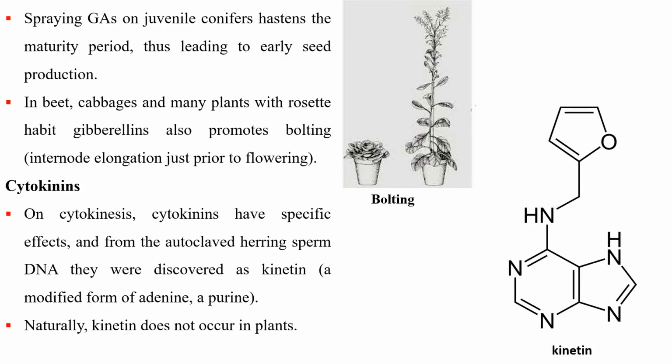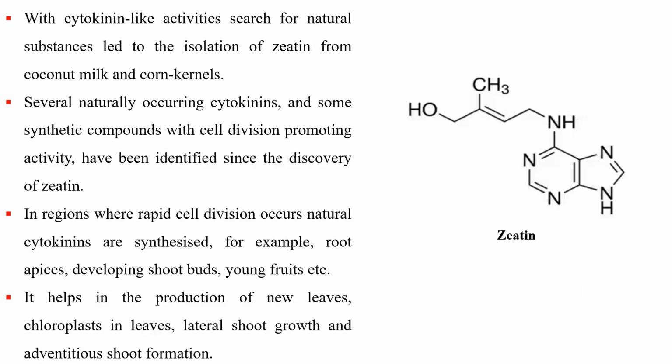Cytokinins. Cytokinins have a specific effect on cytokinesis, and they were discovered as kinetin from autoclaved herring sperm DNA. Naturally, kinetin does not occur in plants. The search for natural substances with cytokinin-like activities led to the isolation of zeatin from coconut milk and corn kernels.